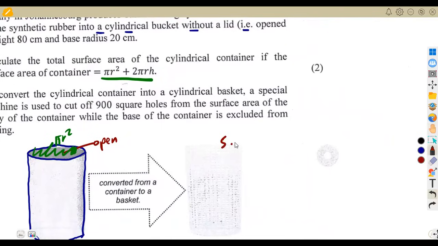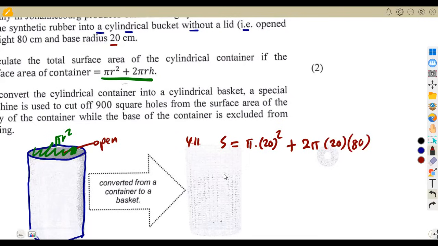So our surface area was going to be equal to, so this is 4.11. We've got pi r squared, so that's pi times r squared, the radius of 20, so that's 20 squared, plus 2 pi r h. So it's going to be 2 pi r, which is 20, times the height, which is 80 in this case.